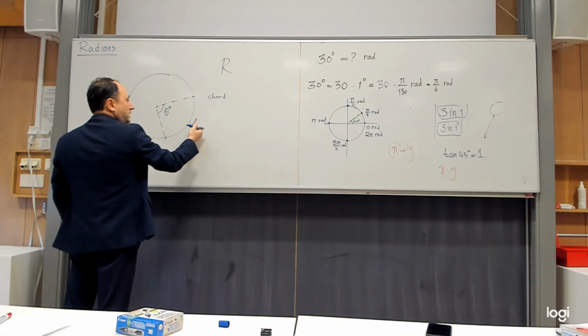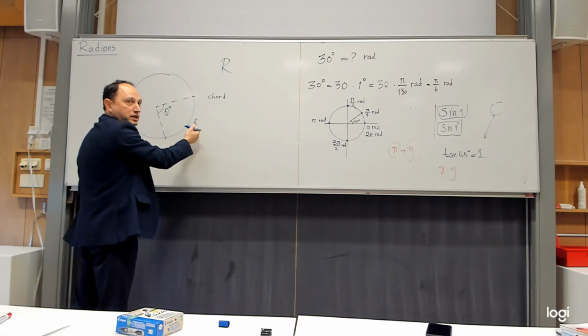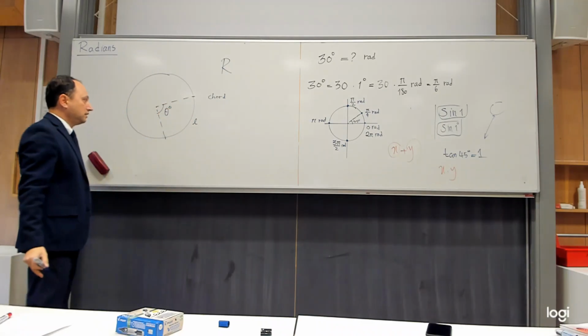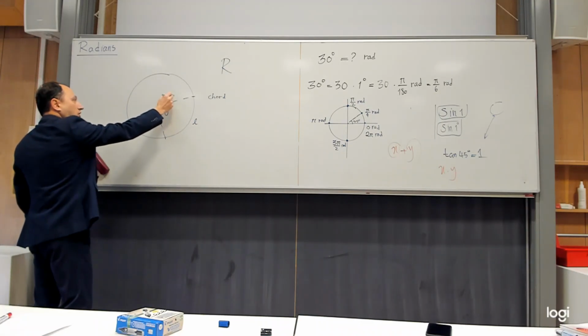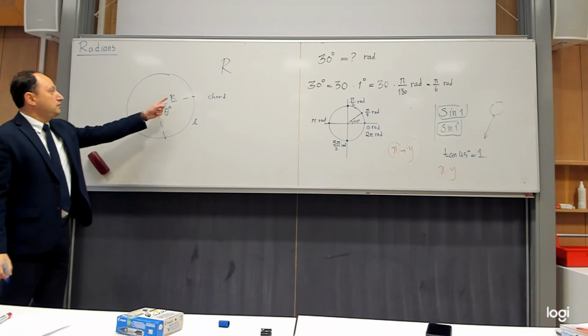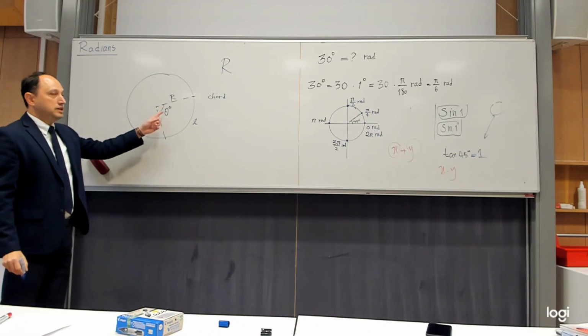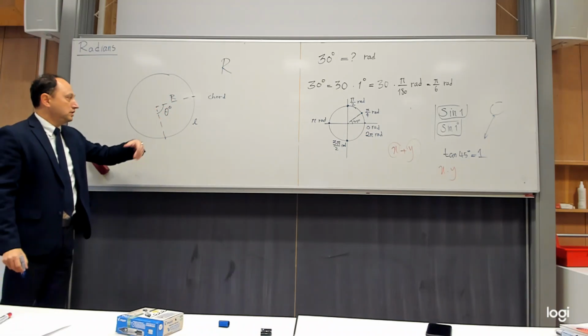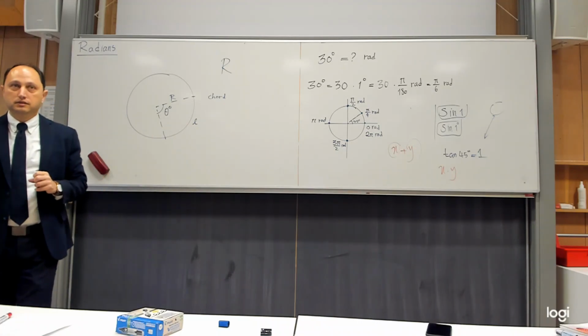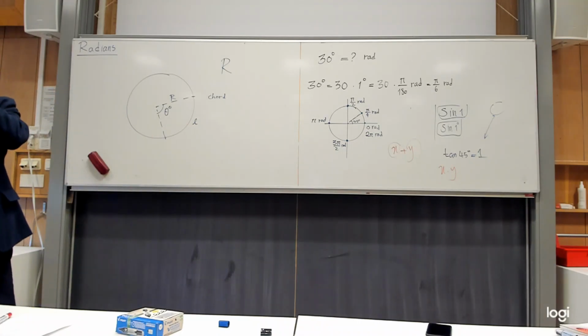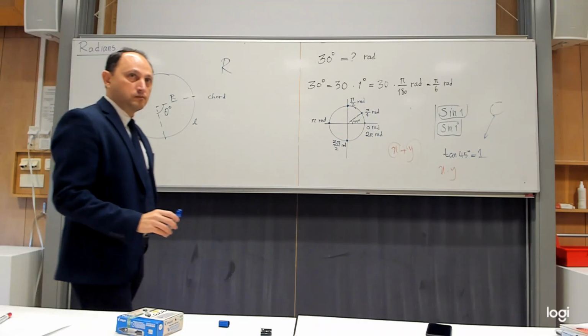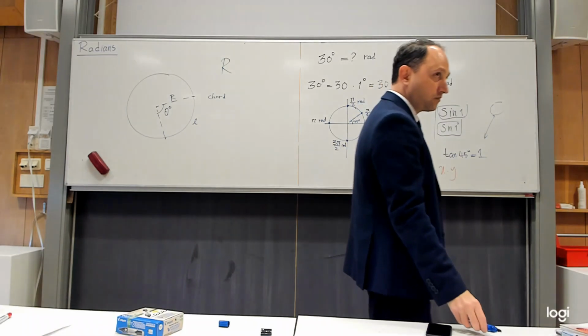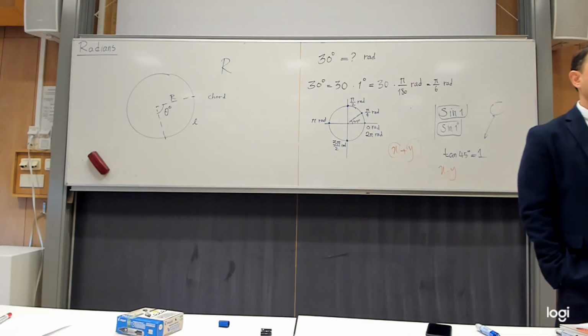So this is the way that they call it B, but in English it's called L. Okay, so let me just use L. And this radius is R. If I give you R and this angle, can you invent a formula so that I can measure L? It's not hard, it's just simple.